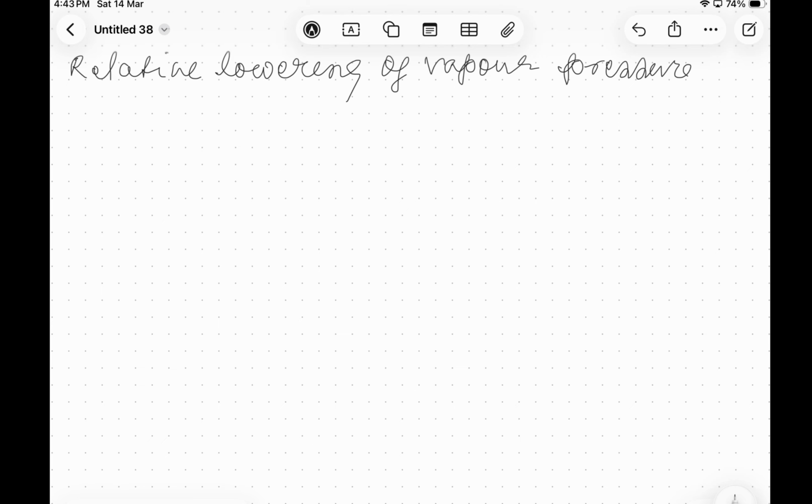In short, it should be written as RLVP. So, relative lowering of vapor pressure. Here, we will derive an equation for relative lowering of vapor pressure from Raoult's law.